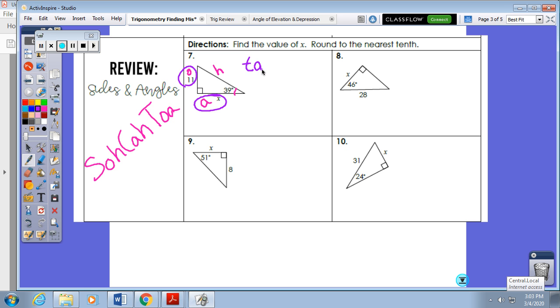So I have tan of 39 degrees is equal to 11 over x. Cross multiply and solve. So I end up with x times tan of 39 degrees is equal to 11. Divide both sides by tan of 39. So x is equal to 13.6.